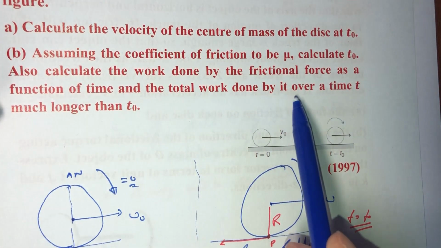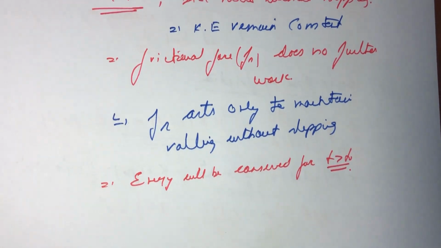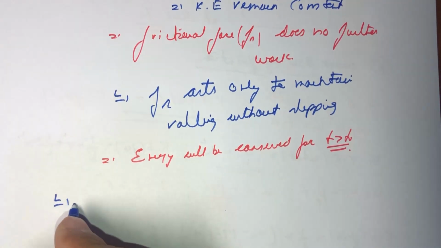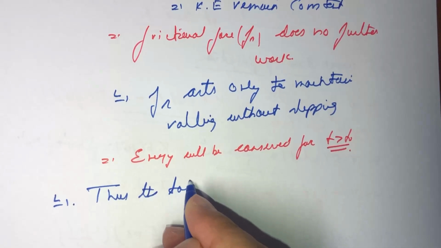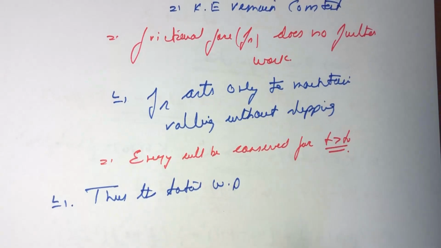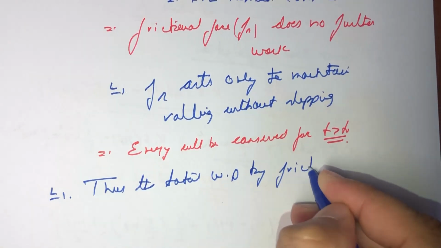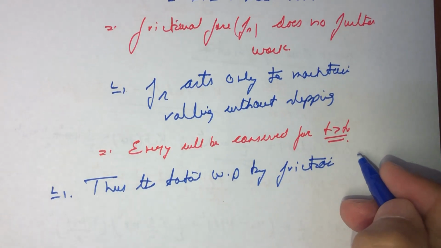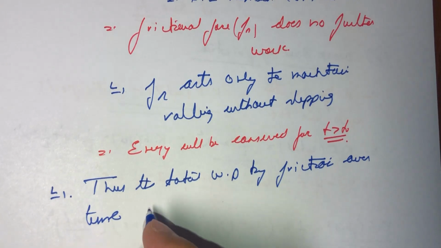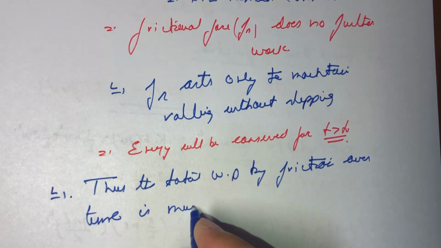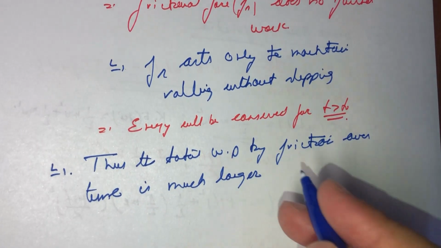Thus, the total work done by friction over time t is much longer than t naught.